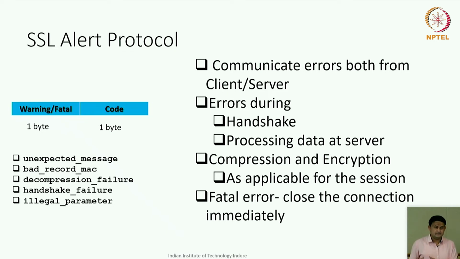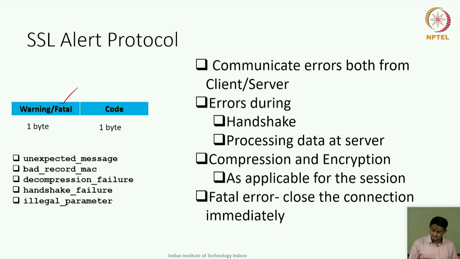It might be just a warning which you can live with, or it can be a message called fatal. If it is a fatal error, then the two parties need to end the communication immediately and the connection is terminated.